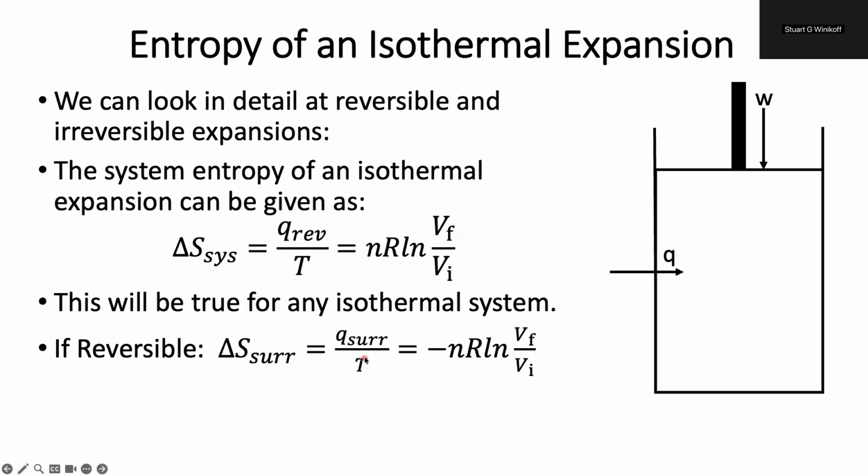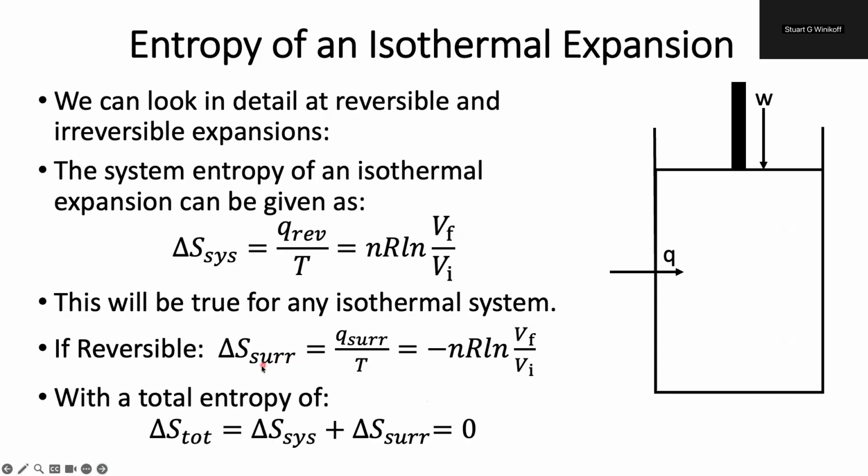Now, if I'm reversible, the heat of the surroundings is just going to be the negative of the reversible heat, which then means I get to substitute in this same volume ratio for the reversible entropy of surroundings.